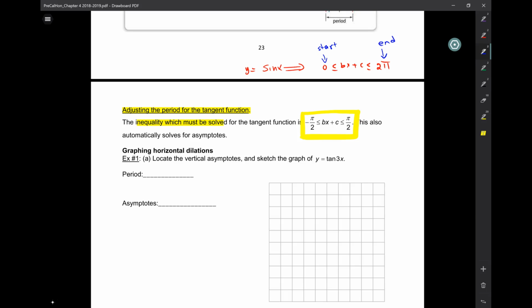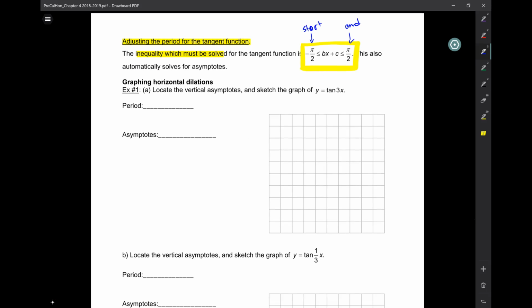For the tangent, the start and end of the initial cycle are negative pi over 2 and pi over 2. When we do this, we magically also get the asymptotes. So, without further ado, let's just do one. And you'll see that it's going to be very similar to what we did before.